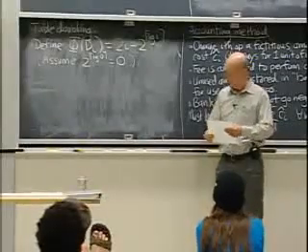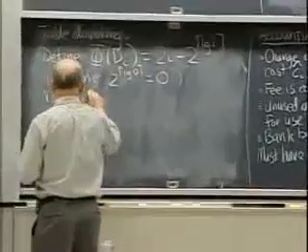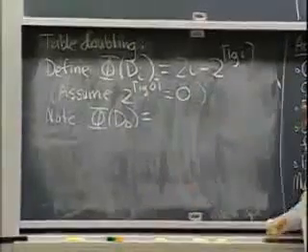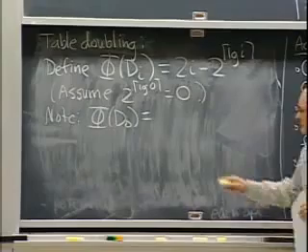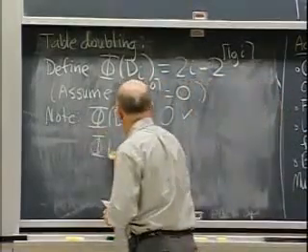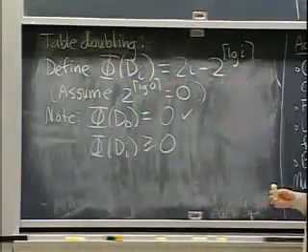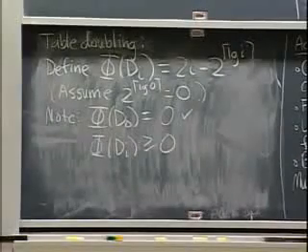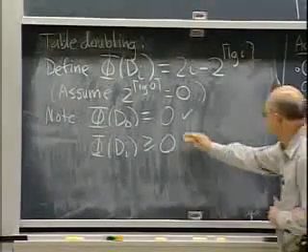So first let's observe what is phi of d0. Zero. So that's good. And phi of di is greater than or equal to 0 for all i.